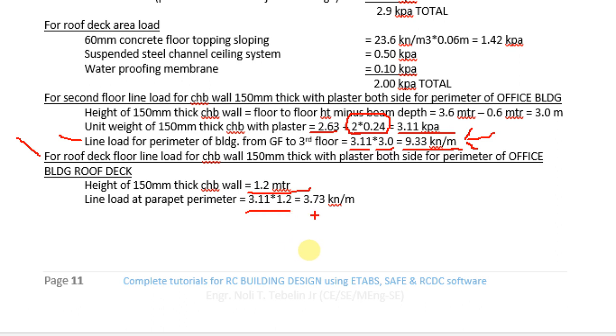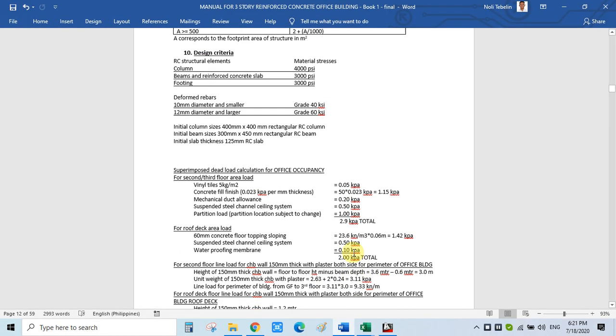So, mabigat din siya. 373 kilogram per meter. Equivalent na. Okay? So, we have now superimposed dead load, area load, and line load.